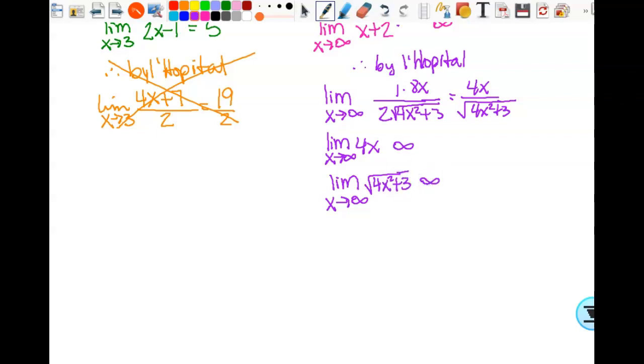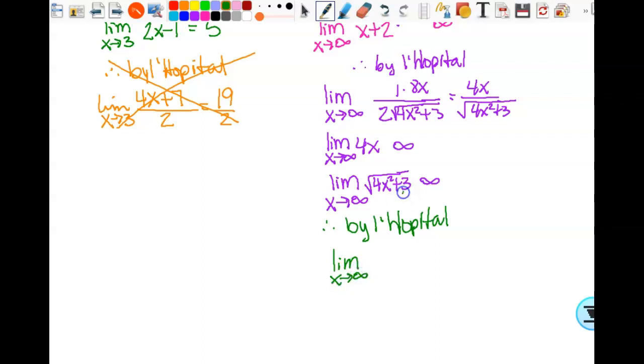Infinity. So now I'm going to take the derivative again, right? So you might have to go over here if you don't have a lot of room. Let's say, therefore, by L'Hopital, and I'll say the limit as x approaches infinity.